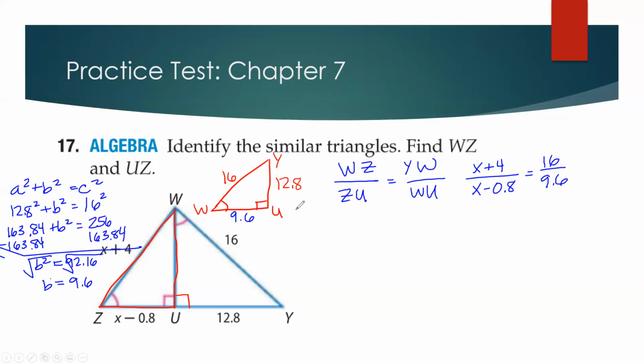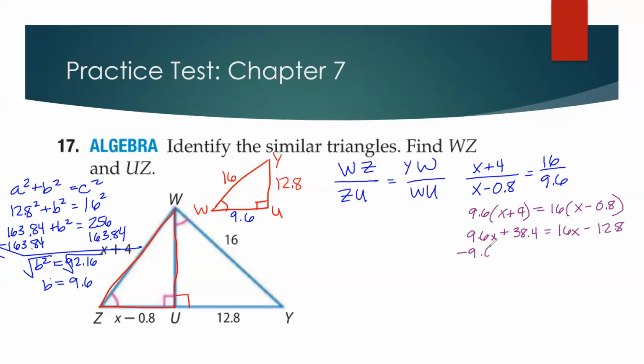Okay, all right, so now I need to cross multiply. So I'm going to be multiplying 9.6 times x plus 4 and 16 times x minus 8/10. Okay, so this ends up being 9.6x plus 38.4. And over here I have 16x minus 12 and 8/10. Okay, so now I've got an equation here.